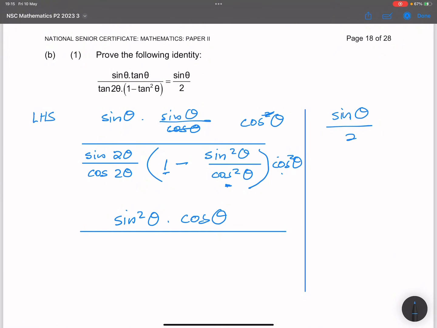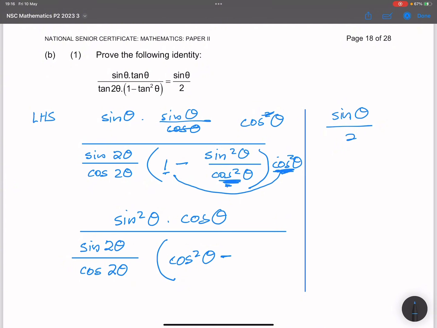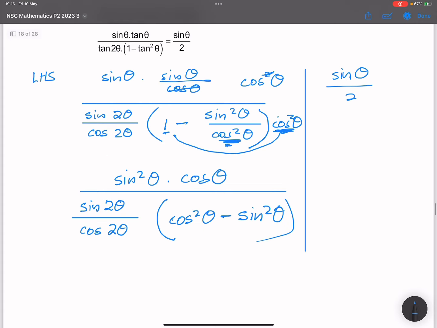So what I'm going to have is sine 2 theta over cos 2 theta into, cos squared of theta times 1 gives me cos squared of theta, and cos squared of theta times sine squared over cos squared of theta. Look at what happens. This guy would cancel with that guy, so I'll be left with minus sine squared of theta. I'm sure you can see that identity there.